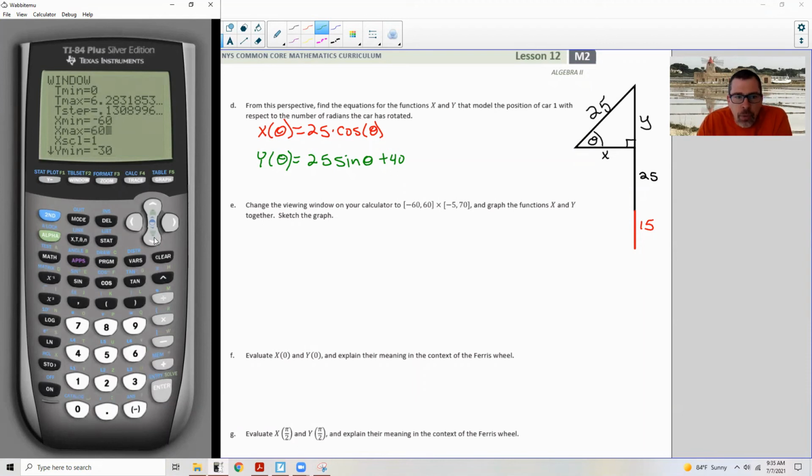And we want the y minimum to be negative 5 and the y maximum to be 70. And then we're going to go to y equals, and we're going to just put plus 40 at the end of the sine and graph.